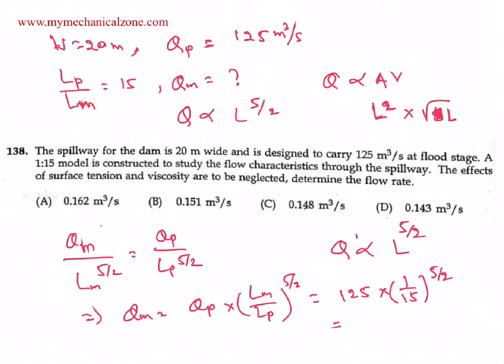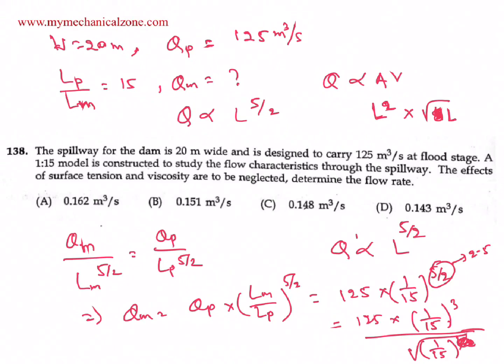So here you solve this one, you can write without calculator. You can write 2.5 or 3 minus 0.5. 0.5 is 1 by 2. So you can write 1 by 15 to the power 3, times 1 by 15 to the power 1 by 2, that is 1 by 15 square root.